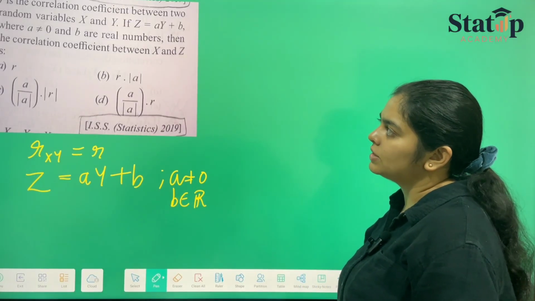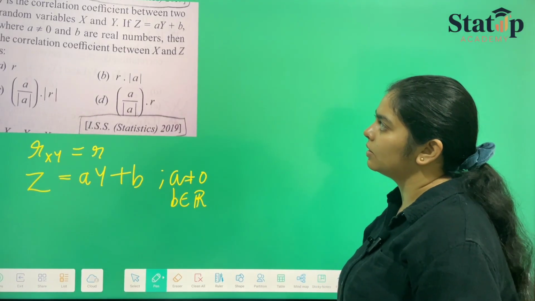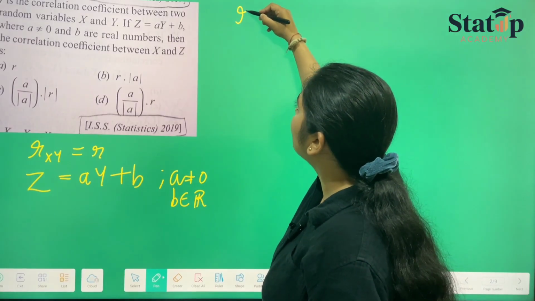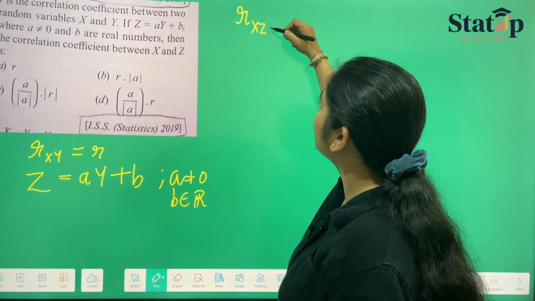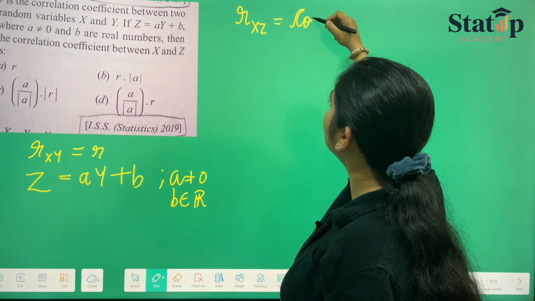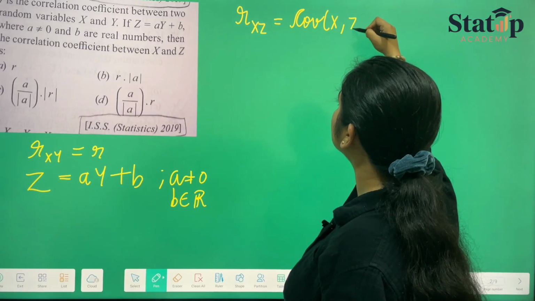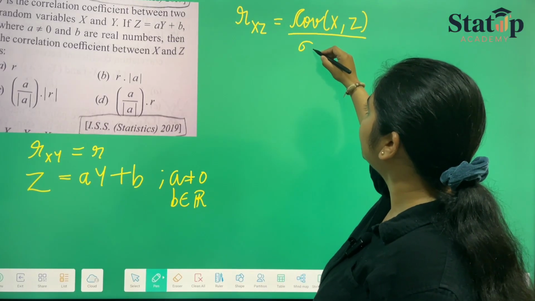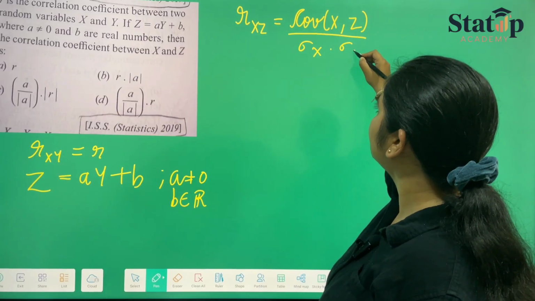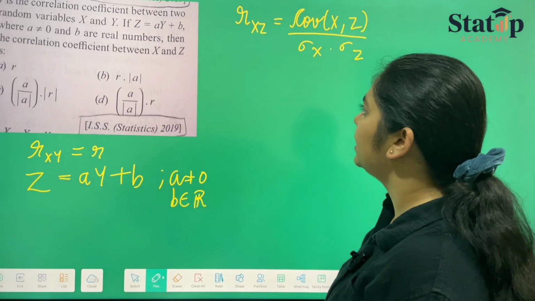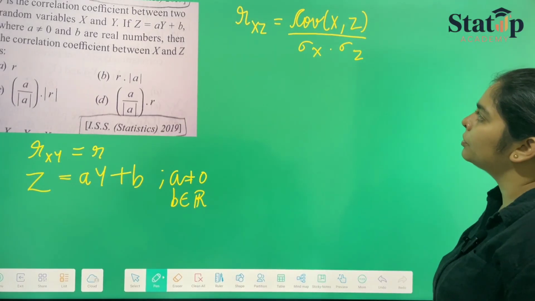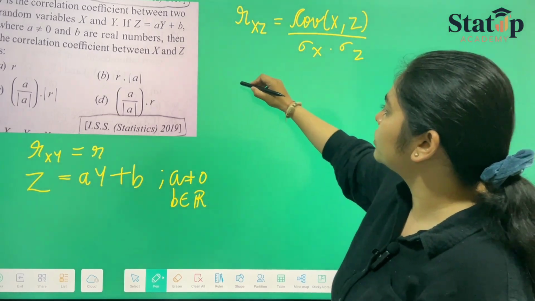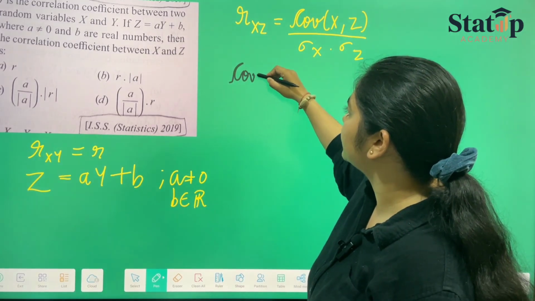So if we have to calculate correlation coefficient between X and Z, it will be covariance between X and Z upon standard deviation of X into standard deviation of Z, right? So first of all, let us calculate the covariance.